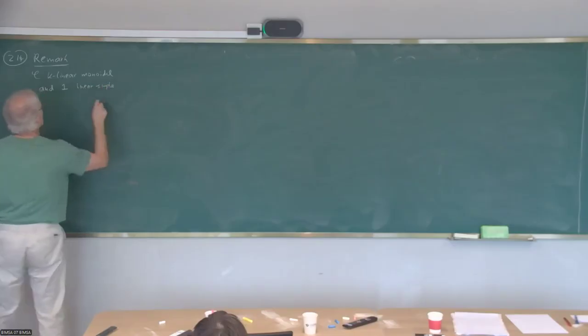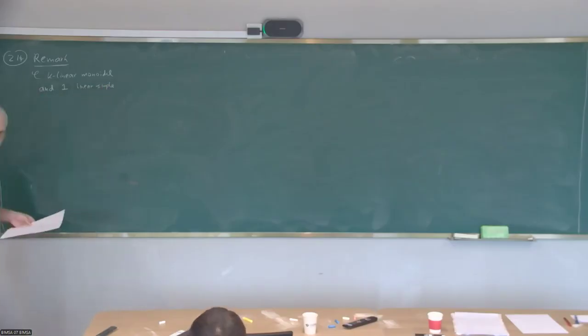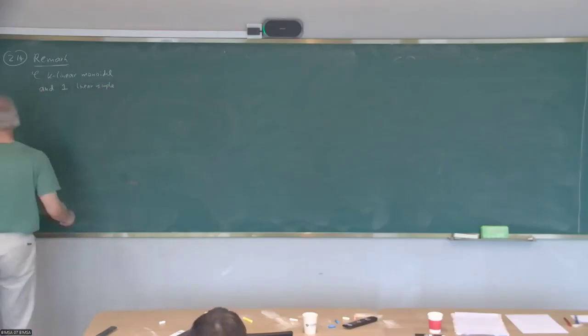And one is linear simple. Remember, meaning that the endomorphisms of one are just isomorphic to the ground field.